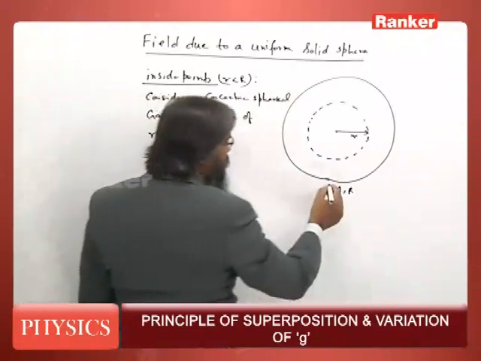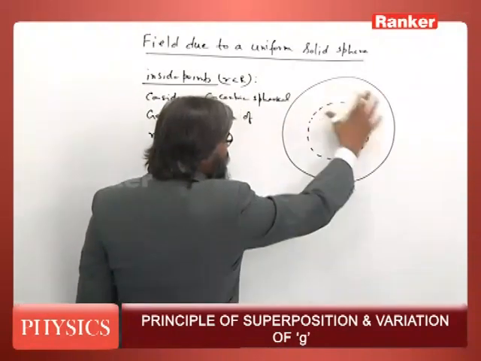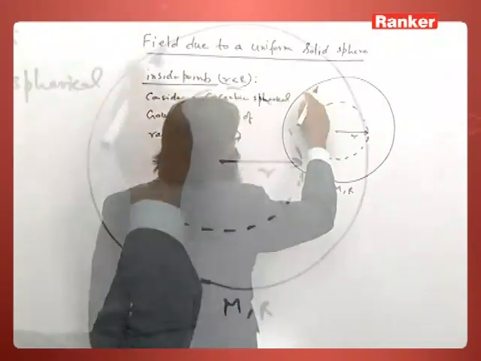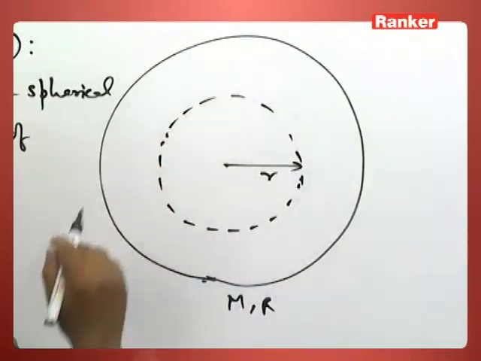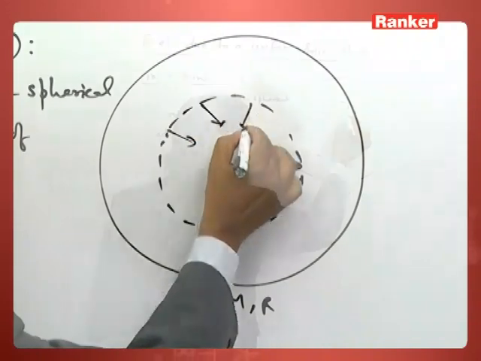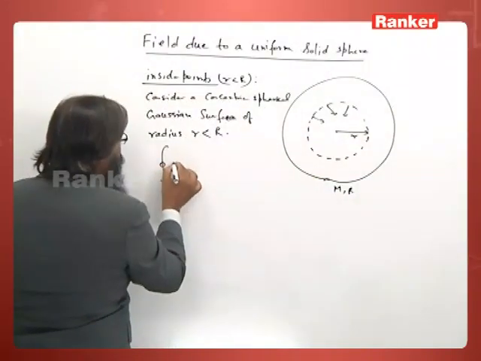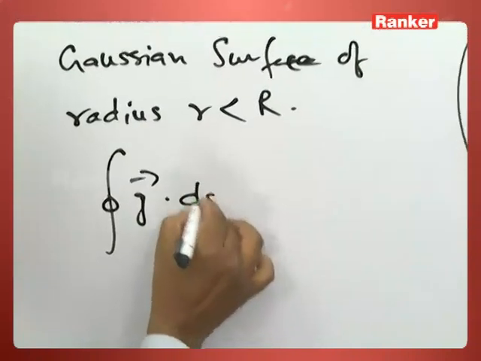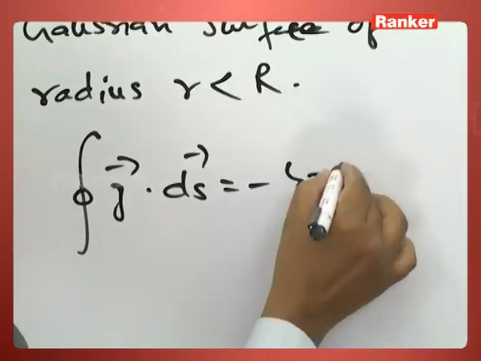Now, since mass is inside and outside this Gaussian surface, we expect due to symmetry that G will be acting inward. So, G dot dS is equal to minus 4 pi G times the mass enclosed.